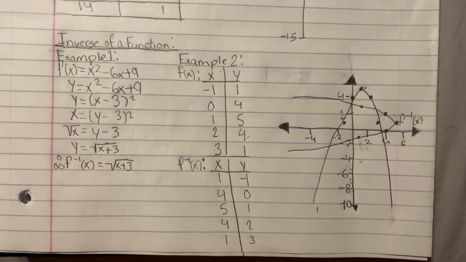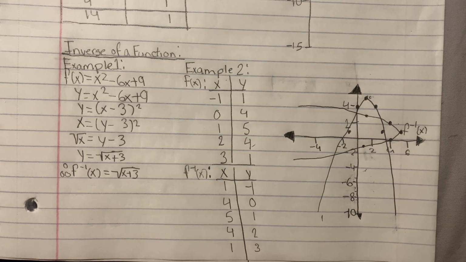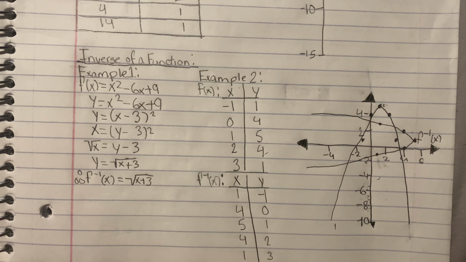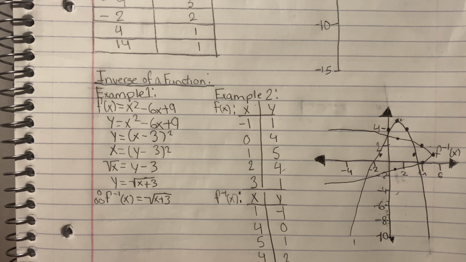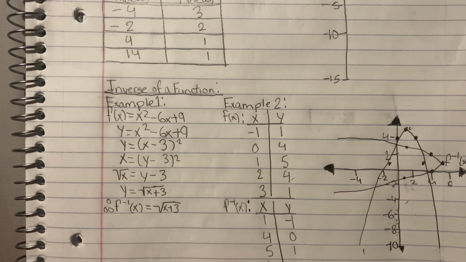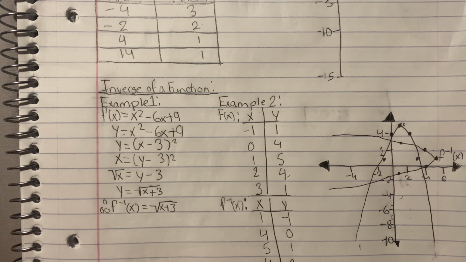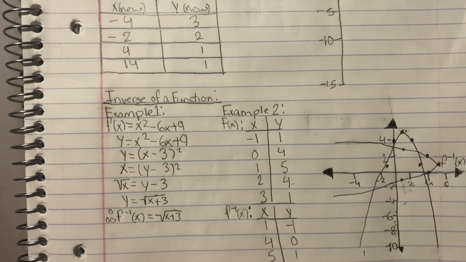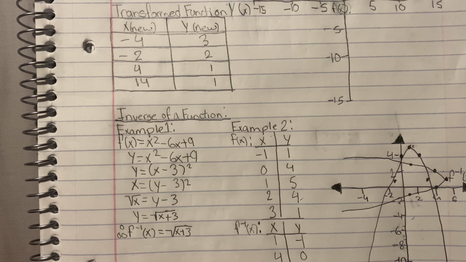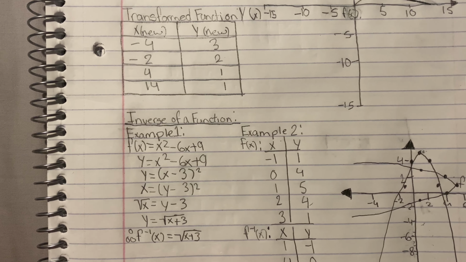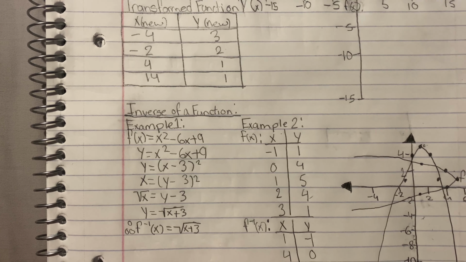Now moving to inverse of a function. The inverse of a function is denoted as f to the power of negative 1 of x. The inverse of a function has all the same points as the original function, except x and y values have been reversed. When finding the inverse of a function, I replaced f of x with y.